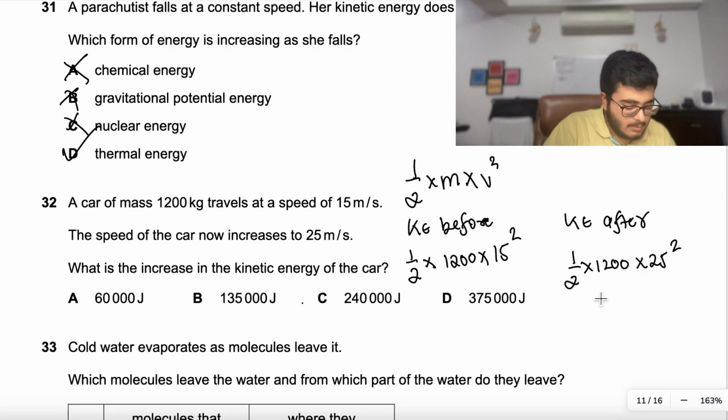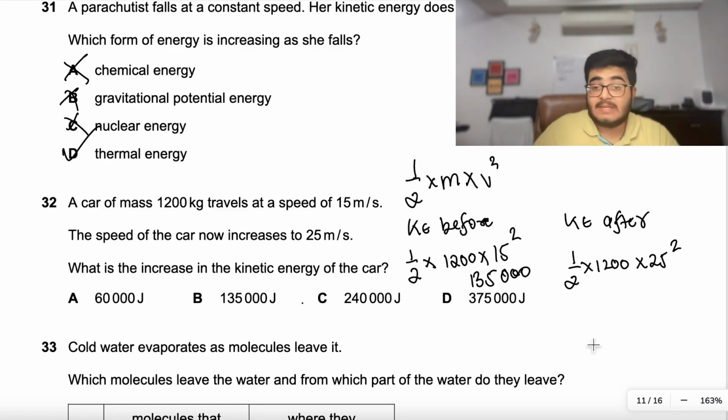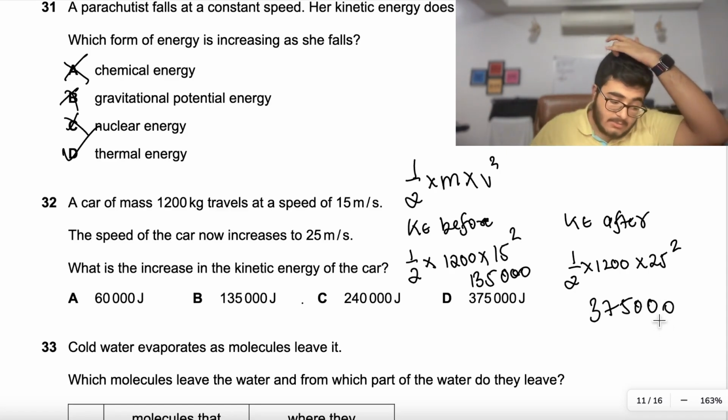When you do the first one, you'll get the answer to be 135000. When you do the second one, you'll get the answer to be 375000.